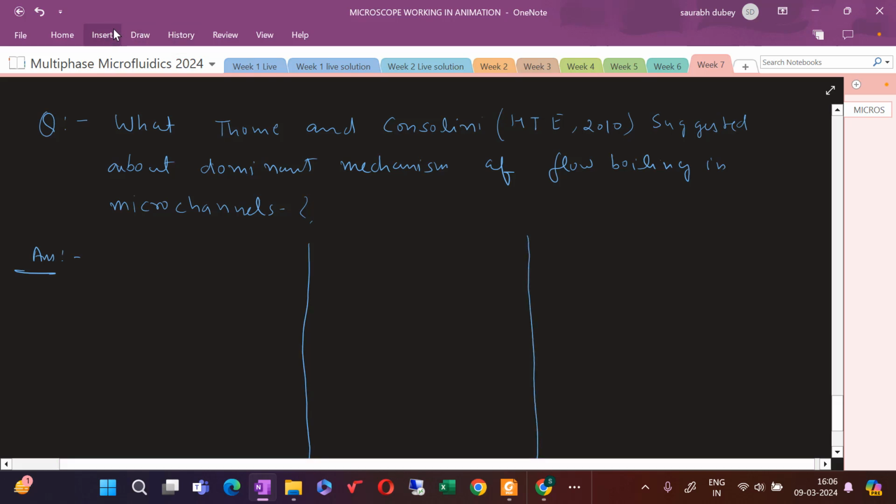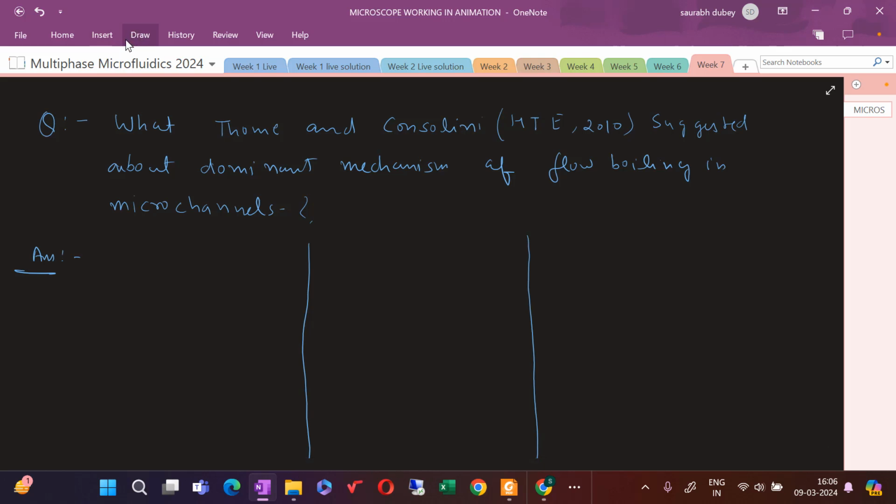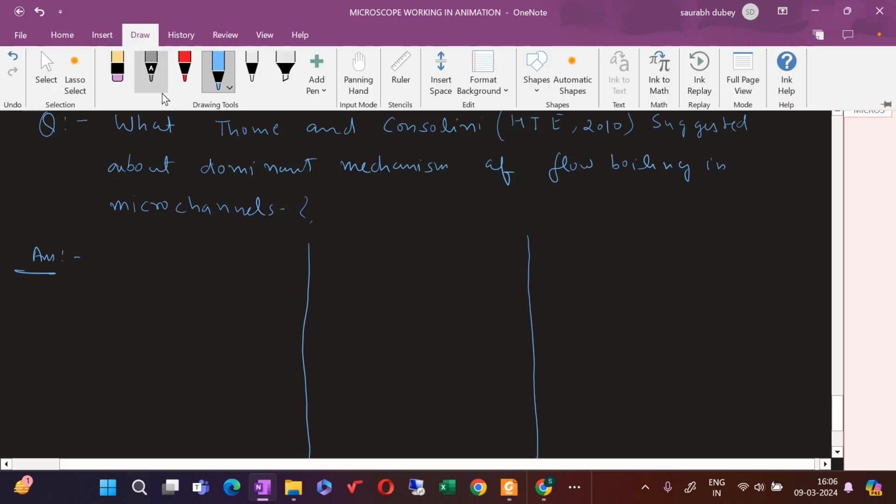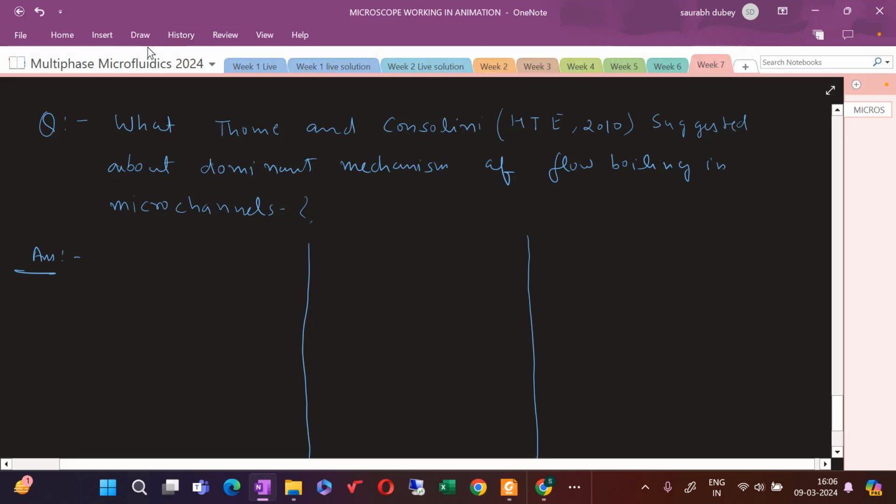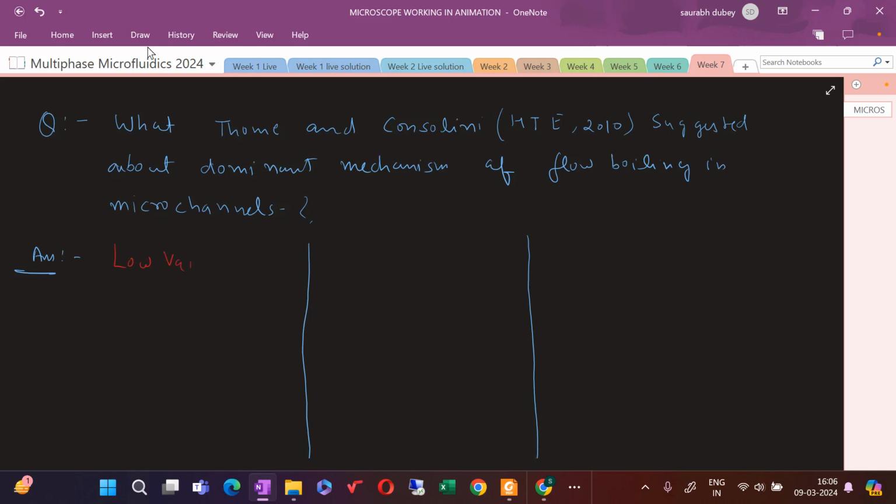He divided three regimes based on the vapor quality. The first is low vapor quality, then intermediate, and another one is high vapor quality.